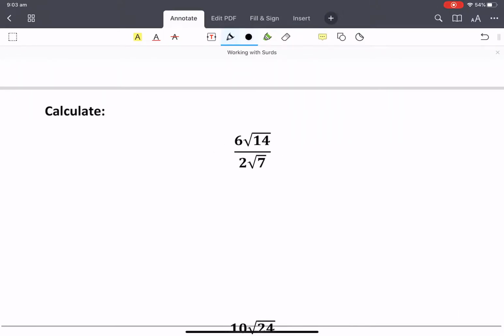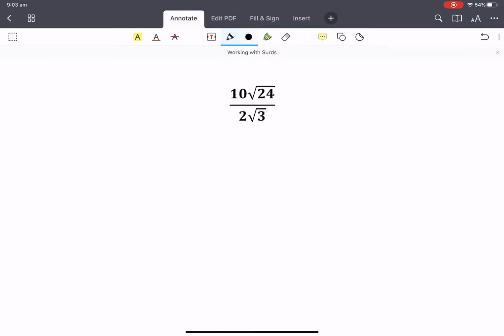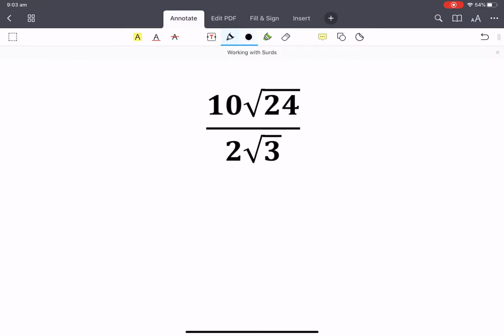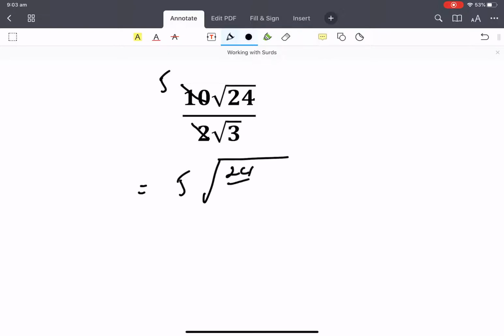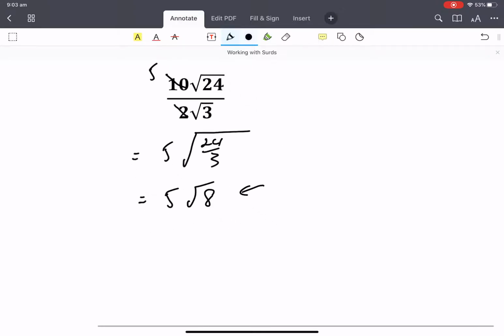We had that one before. This is getting interesting, isn't it? Okay. Let's do this one. The 10 and the 2 cancels to 5. So it's going to be 5 root 8. And see root 8?